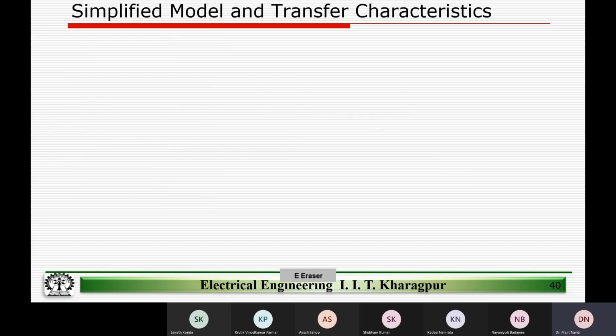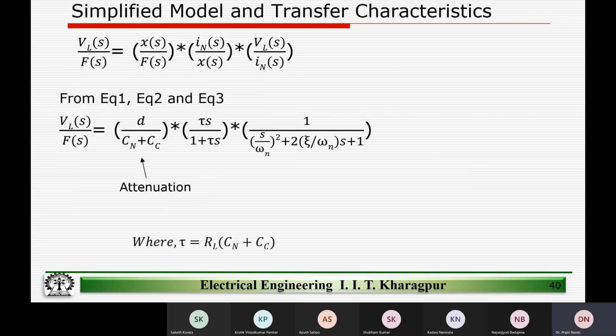What is the problem? At low frequency, if I have a low frequency force applied, because of s being in the numerator, the voltage output that I will get will tend to be 0. Any questions on this, guys?